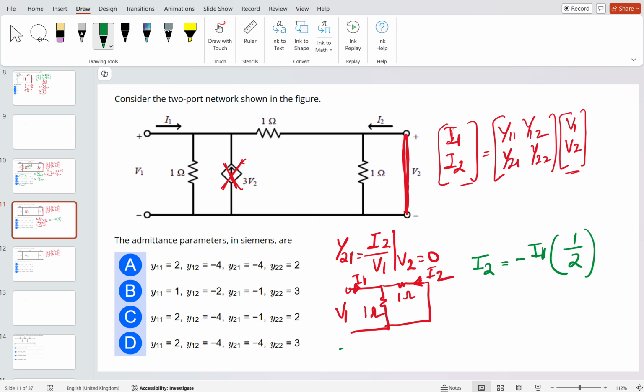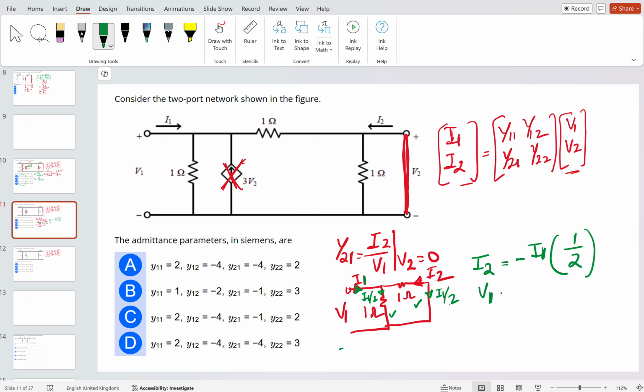Because of the current division principle, I1 is split in half, since equal resistances are in the path. So here it will become I1 by 2, and here also I1 by 2. So I2 is the negative of that, because they are in the reverse direction: I2 is equal to minus I1 by 2.